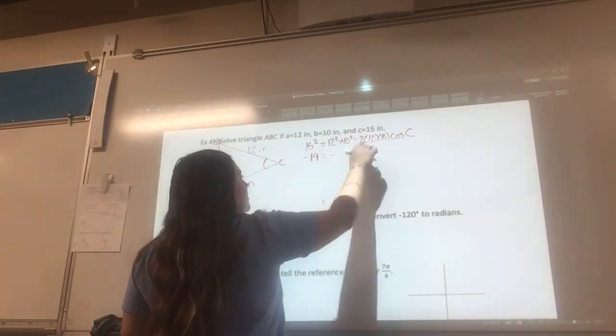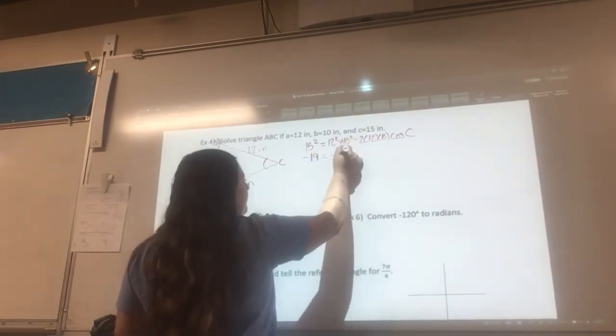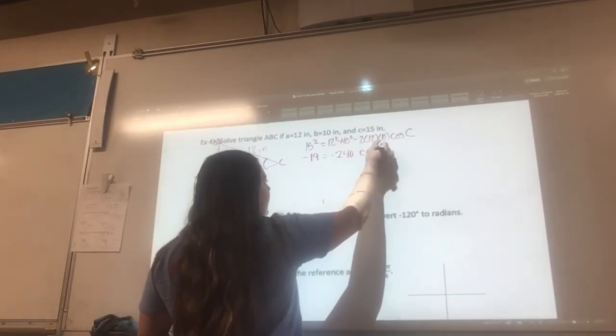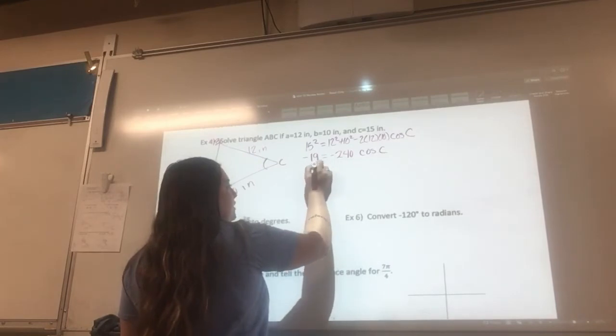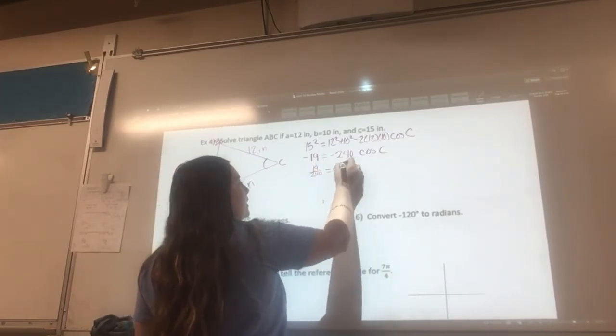We're going to see that 2 times 12 times 10 is negative 240 cosine of C. We should divide by negative 240, so I'm just going to leave it at 19 over 240 just because it's prettier than all the decimals you're going to get.